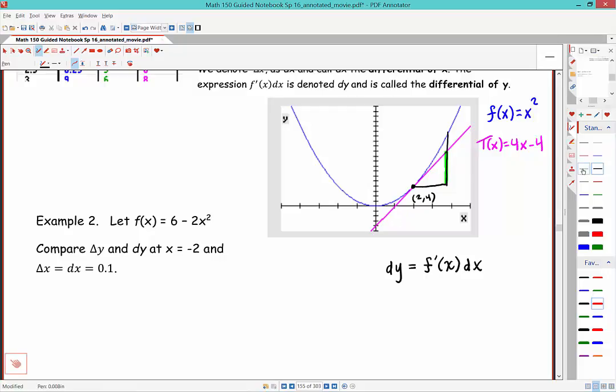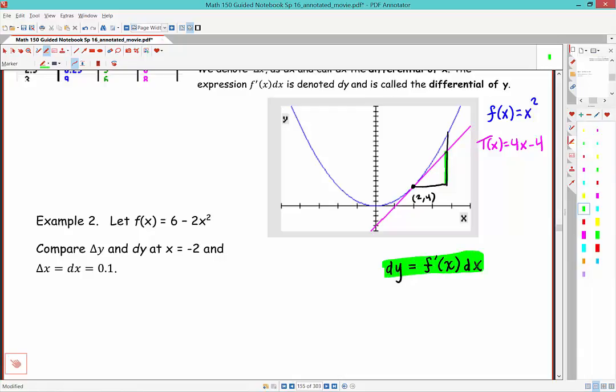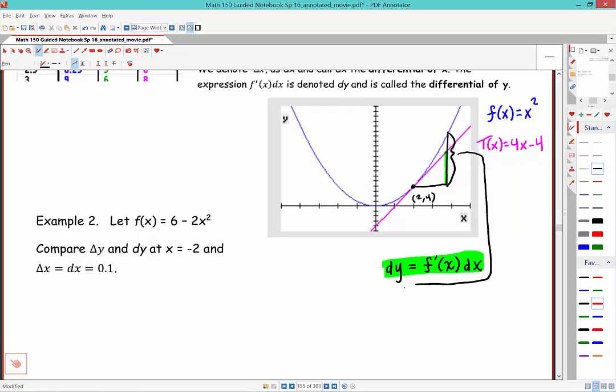So this green highlighted length is all of this. Now over here, this other length, the whole thing, is the actual change in y. So this one represents delta y, which is literally equal to f at x plus delta x minus f at x.